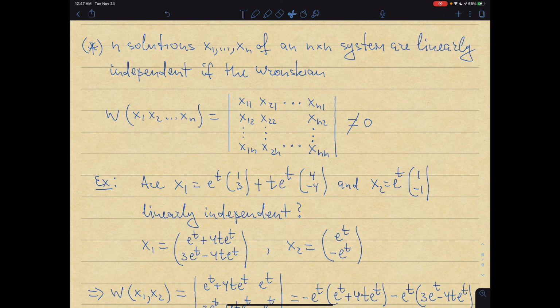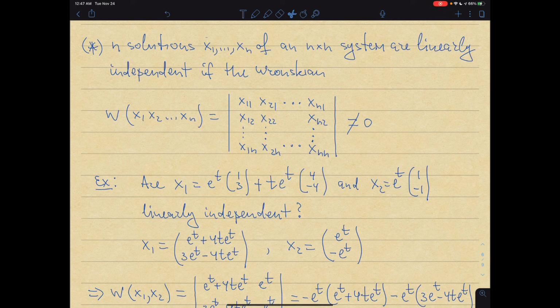And the checking is done in exactly the same way as before, by computing a Wronskian. Except that now, remember before, the Wronskian contained the function and its derivatives. And in this case, the Wronskian just contains the function.